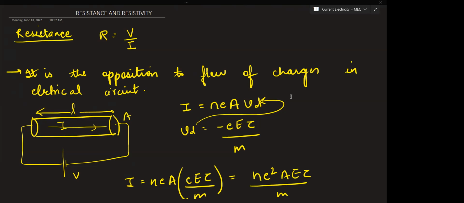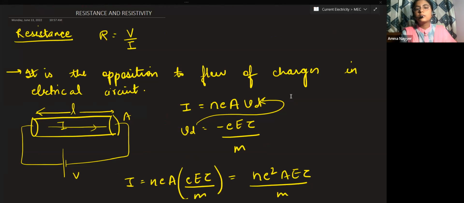Okay. So in the last class, we had covered this topic, resistance and resistivity. First, tell me, how many of you received the assignment of this topic? You didn't receive this topic, not drift velocity and Ohm's law. This one, resistance and resistivity. Did you receive or not?